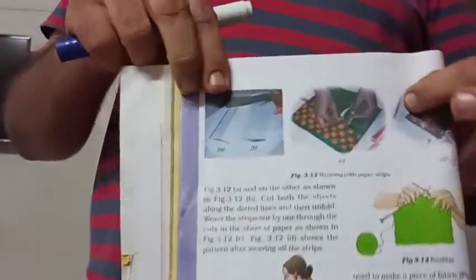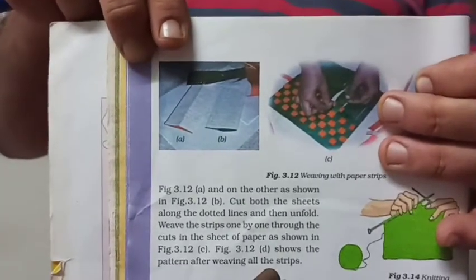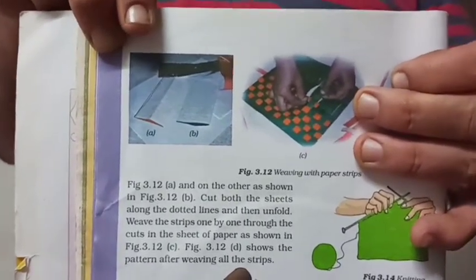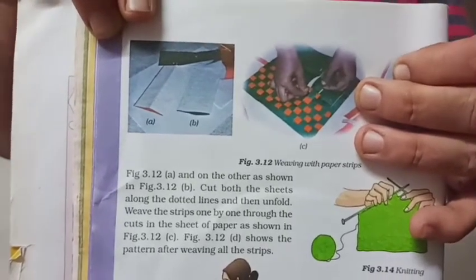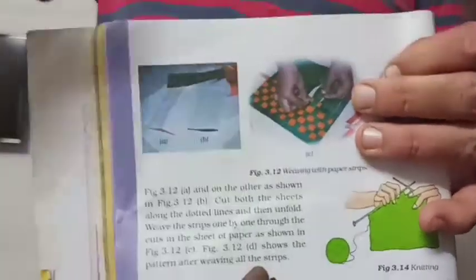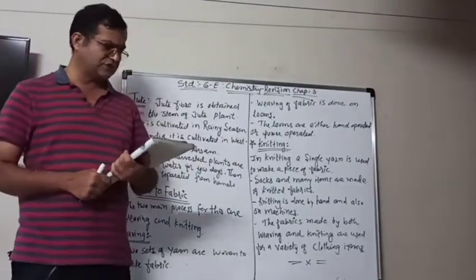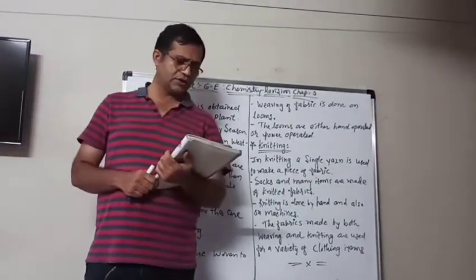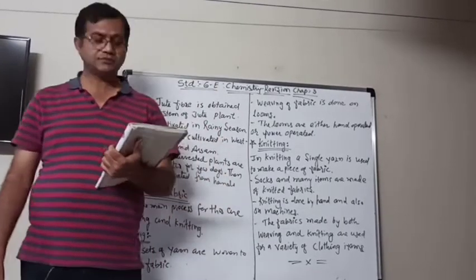And then after cutting them, you have to arrange them as shown in the figure. And then all the strips will be woven together and will make a big piece which looks like woven cloth.